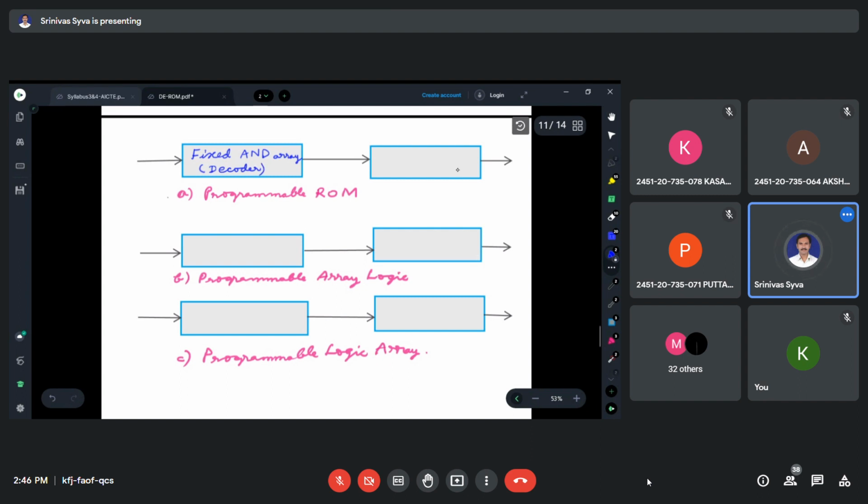A full decoding of the variables is provided here. Full decoding of the variables means it is like a decoder.